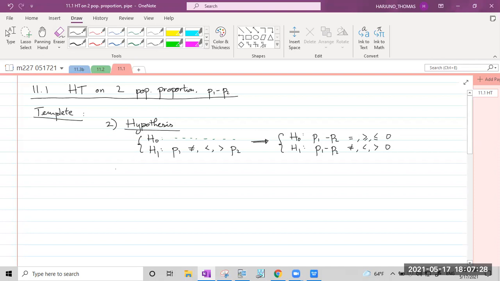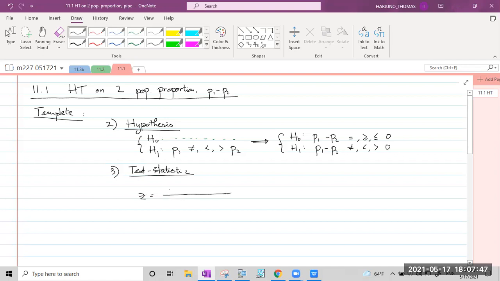Okay, and step 3. Now this is complicated. Test statistic. Just like before, when we are testing proportion, we always use Z-score.